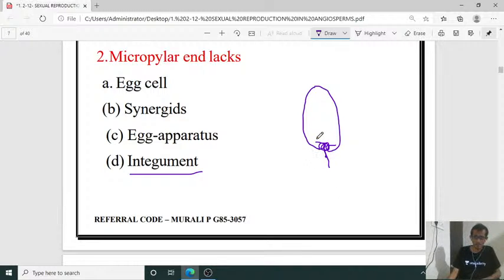So this wall material is absent in the micropylar end. In this area we can observe that it is free of the wall material, so it is open here. There we can observe a small opening in that area, isn't it?